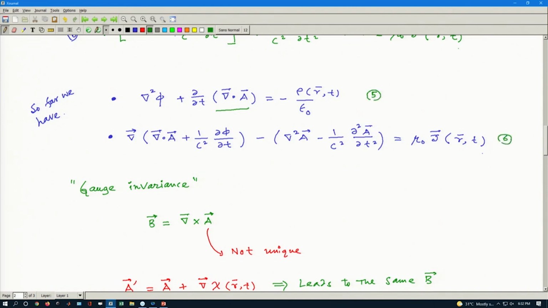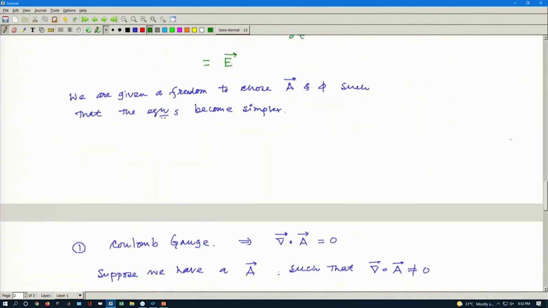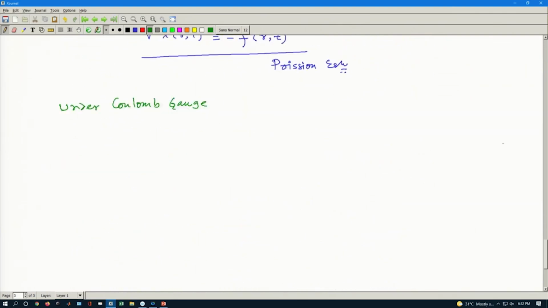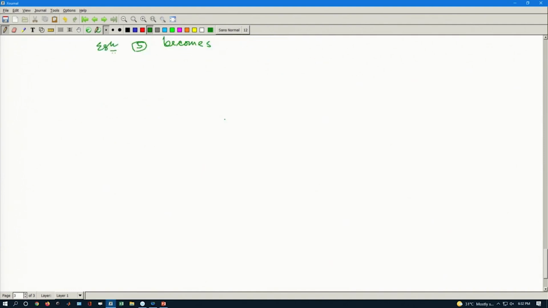I rewrite that again here. So equation 5 becomes, under Coulomb gauge, this: grad square phi is equal to minus rho by epsilon naught, with r and t.